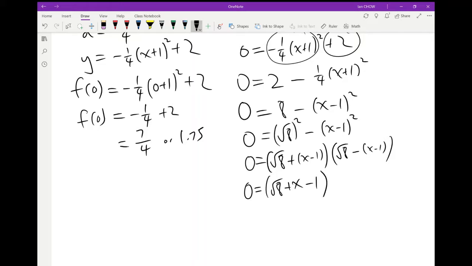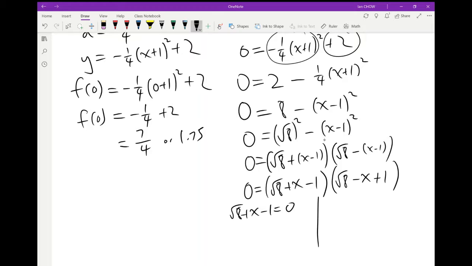So we have 0 is equal to root 8 plus x plus 1. That is our first bracket. And then we have root 8 minus x, minus minus becomes plus 1 in our second bracket. So this is our two equations, so our two brackets. And then we've got to set either of them as 0. So let's do that. On the left side, we have root 8 plus x plus 1 equals 0.